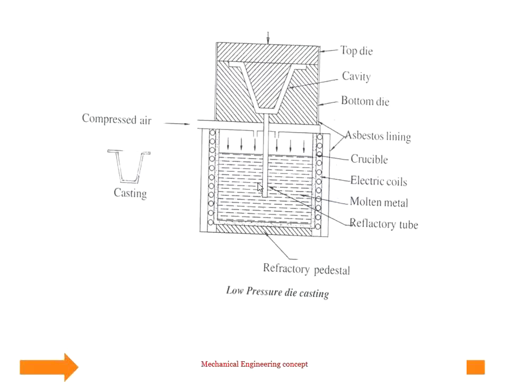Then you have a refractory tube through which the molten metal enters the cavity, and the molten metal is pushed into the cavity through compressed air. As the compressed air passes, it applies pressure onto the molten metal, through which it passes on to the cavity. Generally a pressure of 1 Newton per mm square is applied on the molten metal.